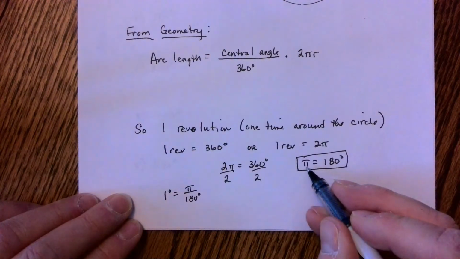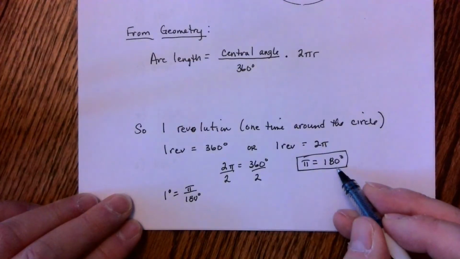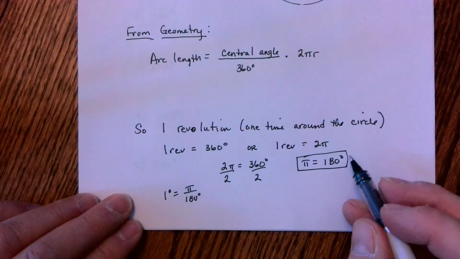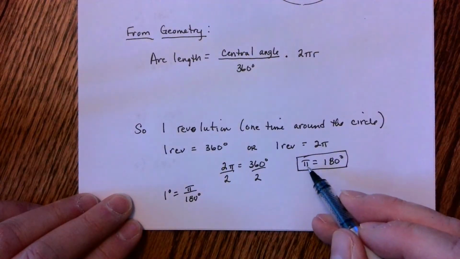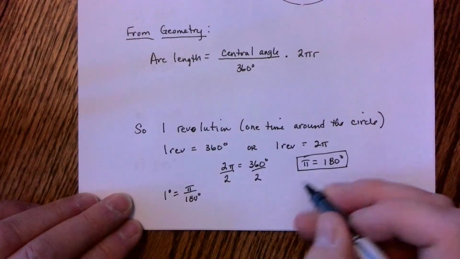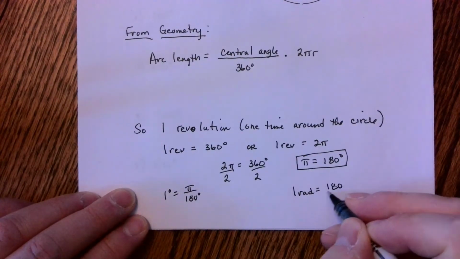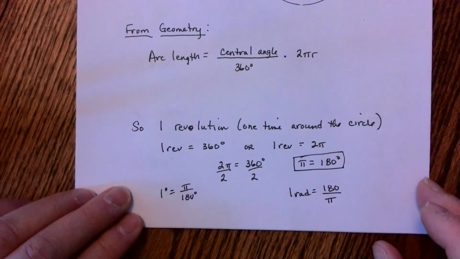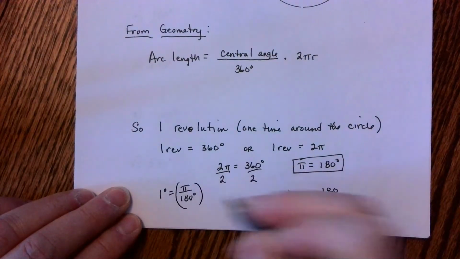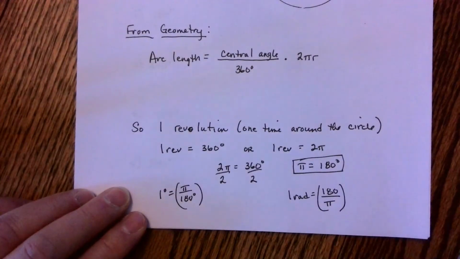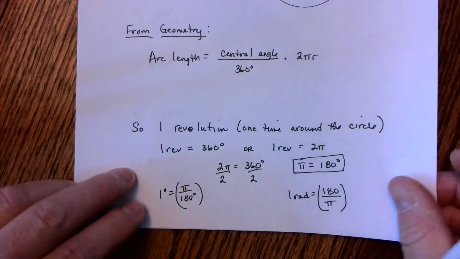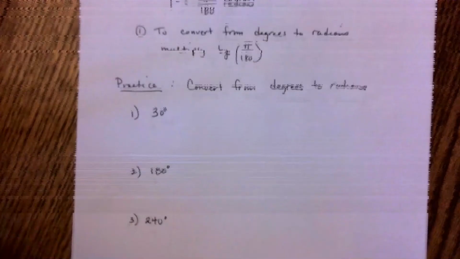However, if I take pi, and let's keep in mind that this would be pi radians, and I divide it by 180 degrees, then 1 radian is equal to 180 divided by pi. These are the two relationships that we want to use as we go forward converting back and forth. So let's do a little bit of practice.